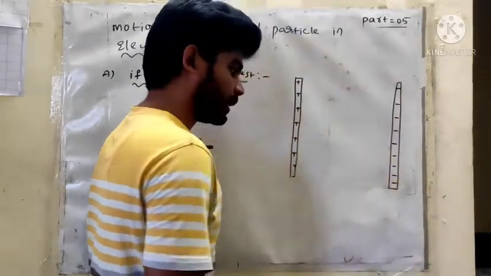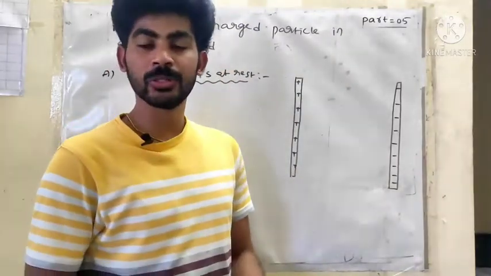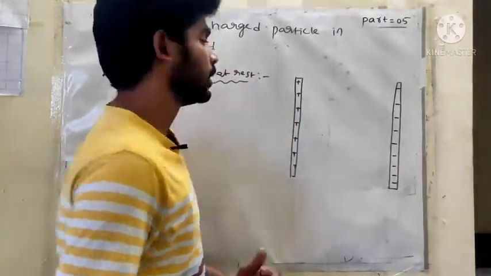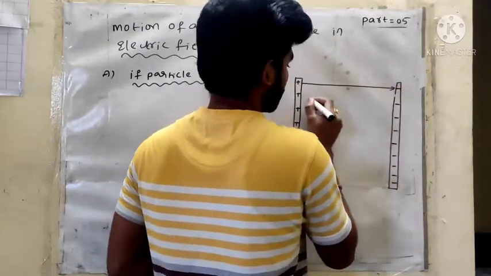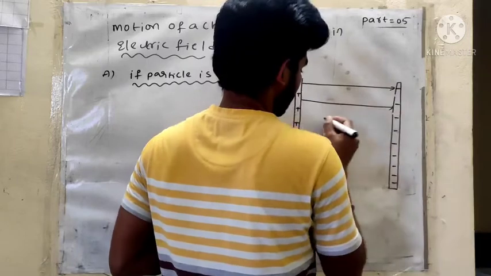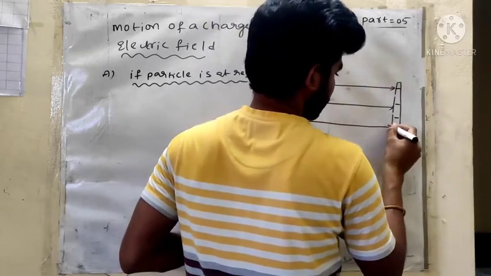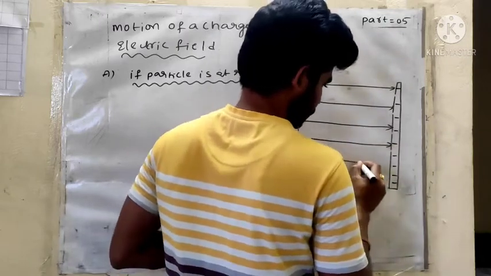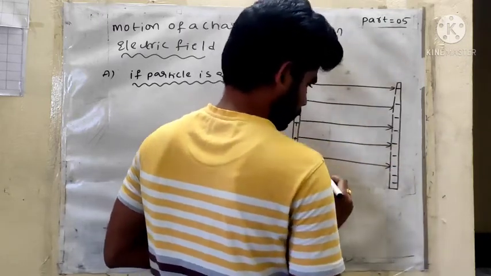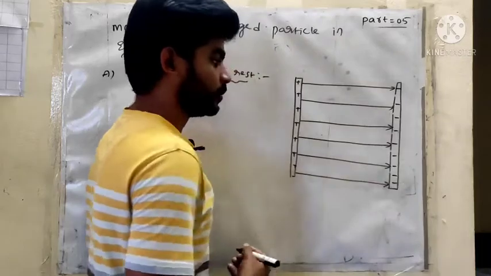We know electric field lines generate from the positive charge and end at the negative charge. So electric field lines pass from positive to negative like this.